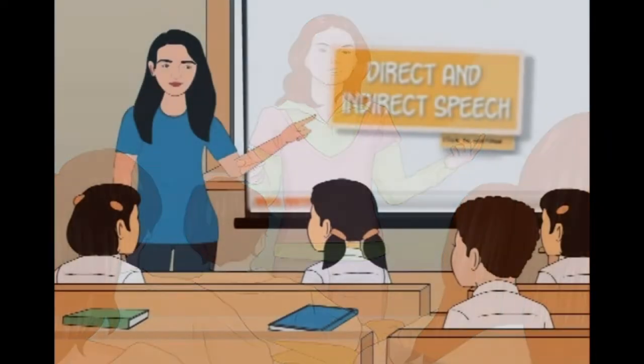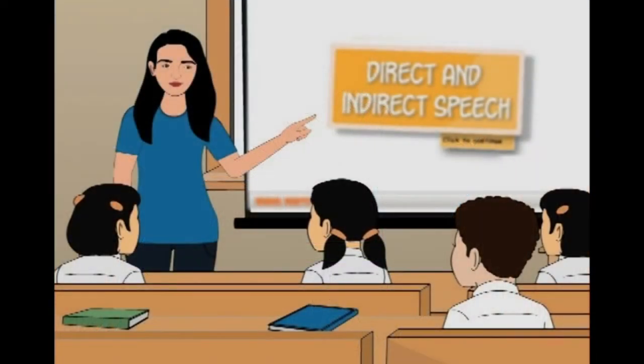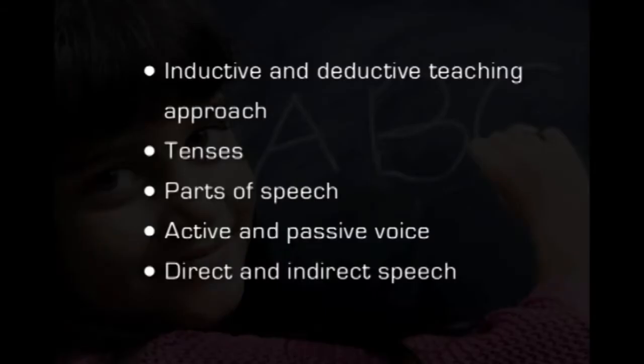We will discuss the following aspects of teaching grammar. They are inductive and deductive teaching approach, tenses, parts of speech, active and passive voice, and finally direct and indirect speech. So, let us look at some of the issues that are related to teaching grammar.